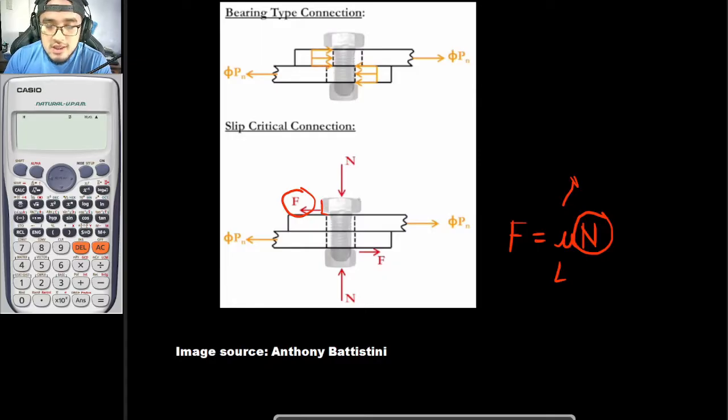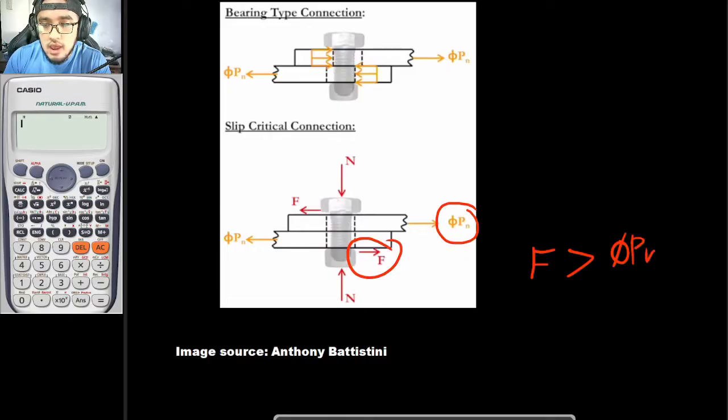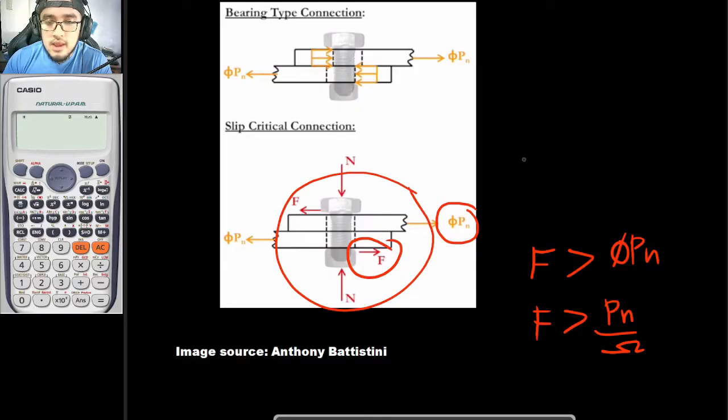So in English, the tighter the bolts, the greater the friction force F. And let's say that if your force F is greater than the design load, so let's say phi Pn, or F is greater than your Pn over omega, so LRFD or ASD, it is in this case that we can conclude that our system is a slip resistant connection.